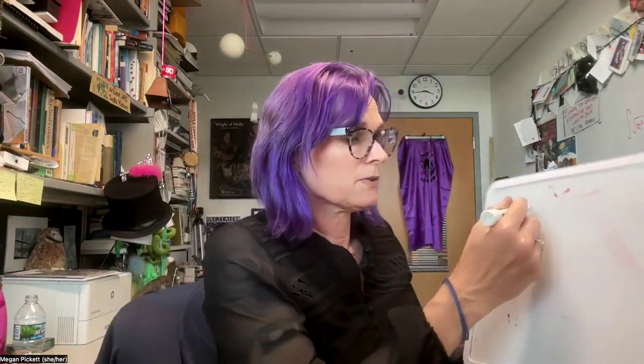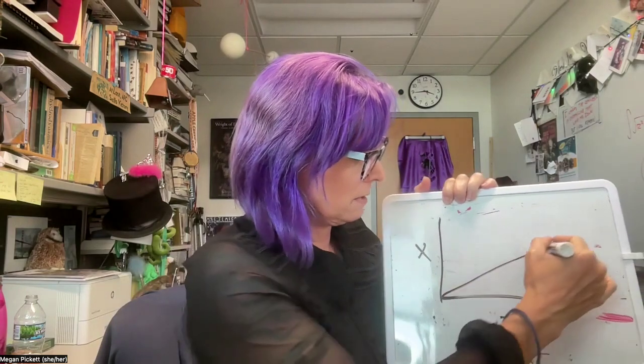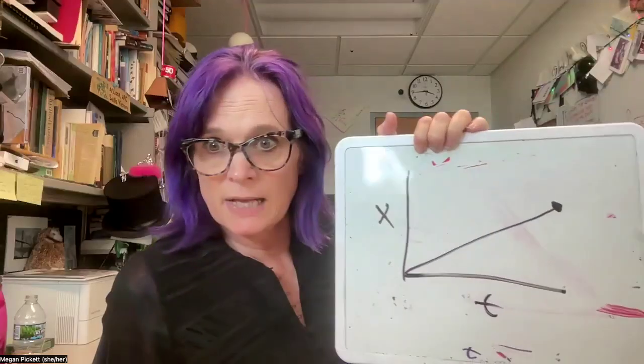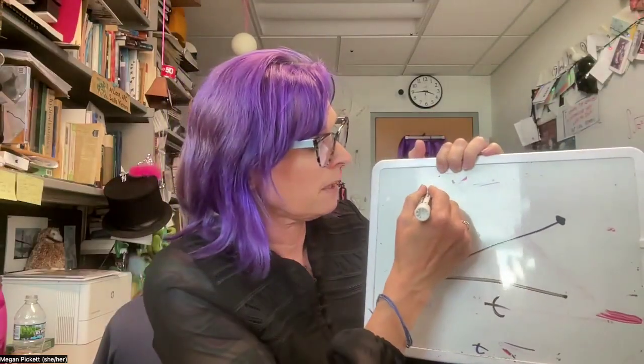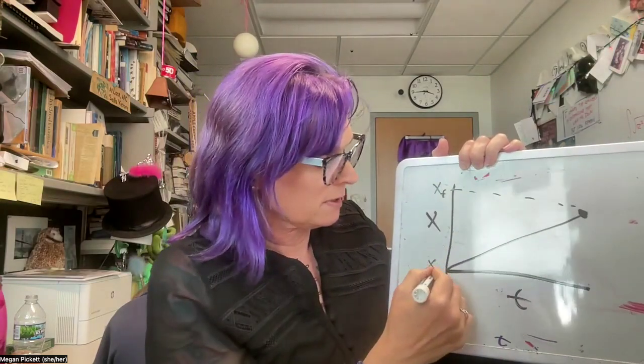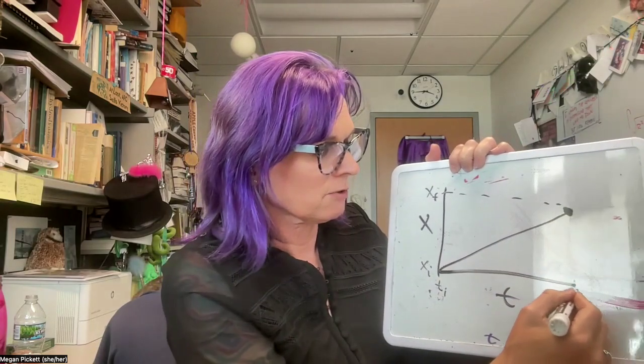final, right? So if we were to take a look at, say, x versus t, right? And we want to know what is the average velocity of this. All we care about is our final x, our initial t, and our final t.